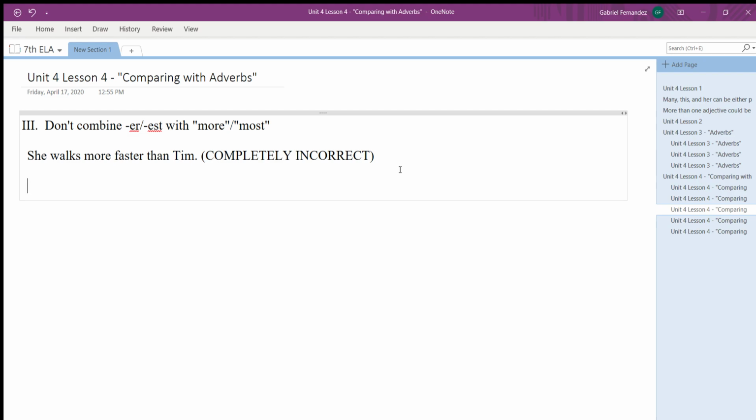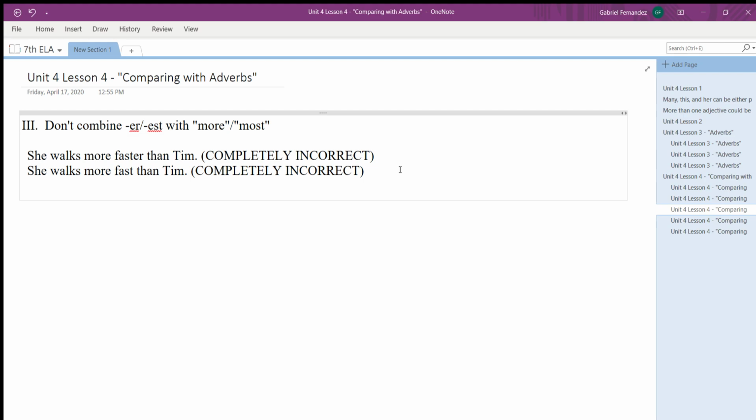Now, you wouldn't say more fast. More fast is also incorrect. She walks more fast than Tim. Also completely incorrect, because the adverb fast happens to have a comparative form that has an ER. And if it's made up of an ER or an EST, you need to take out that more and put in that ER or that EST.